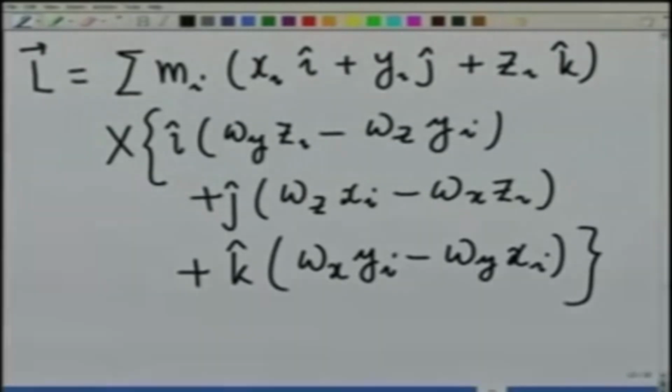For simplicity, let me first take only the x component of L. This will come out to be summation mi.